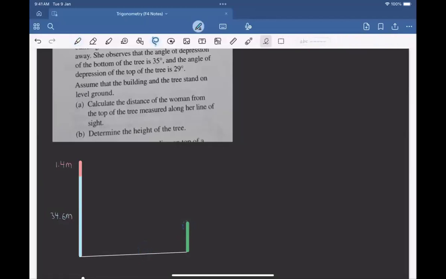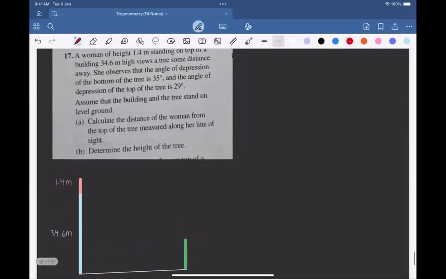Yeah. I'm going to do the diagram in two parts, so I don't confuse anybody. So I want you to read this first part from here.